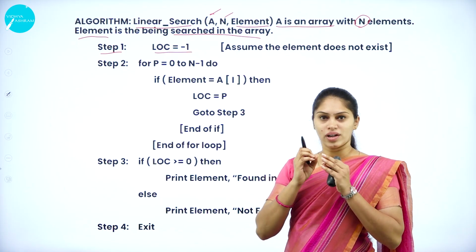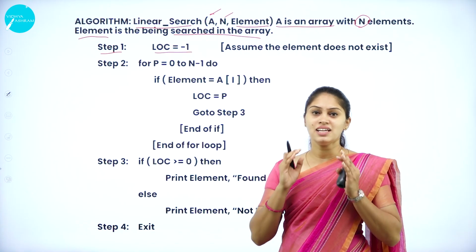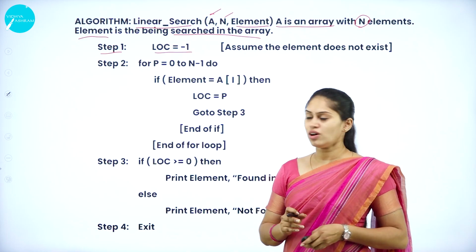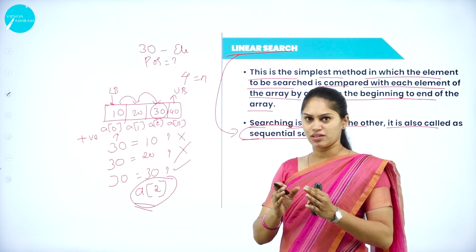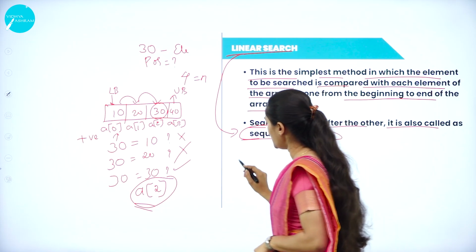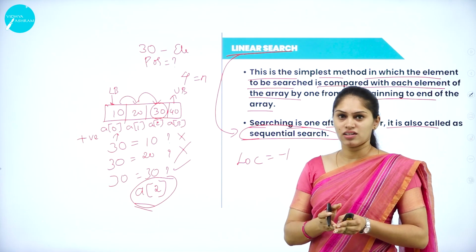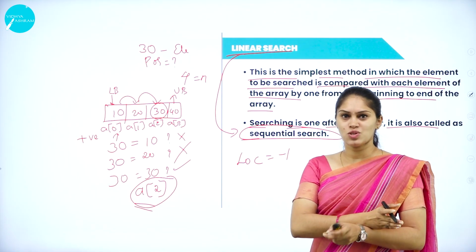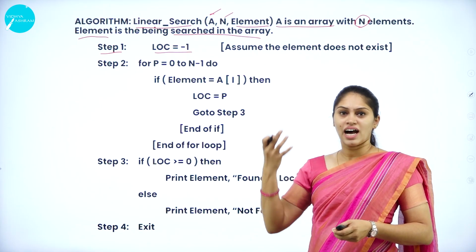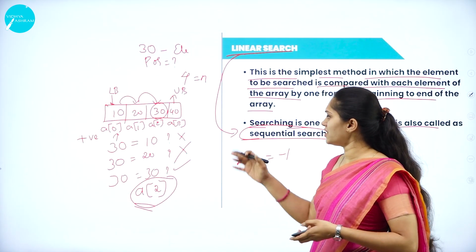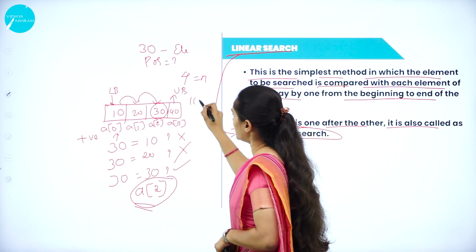That means whatever element I am searching for does not exist in the given array. Here 0, 1, 2, 3 are the locations, but I am initializing the location to -1. So -1 means the element does not exist. I am searching for the element called 30, but what if I am searching for 100?